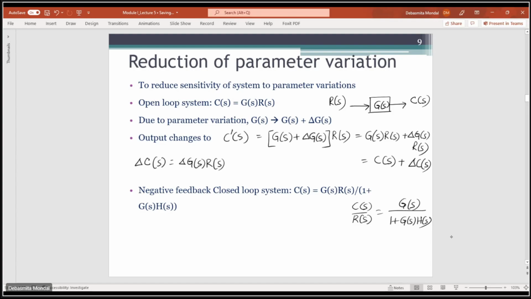Fine. So now for the previous case, let's say again this value of G(s) changes to G(s) plus delta G(s). That means this C is also changing, so let's say that is C double dash.